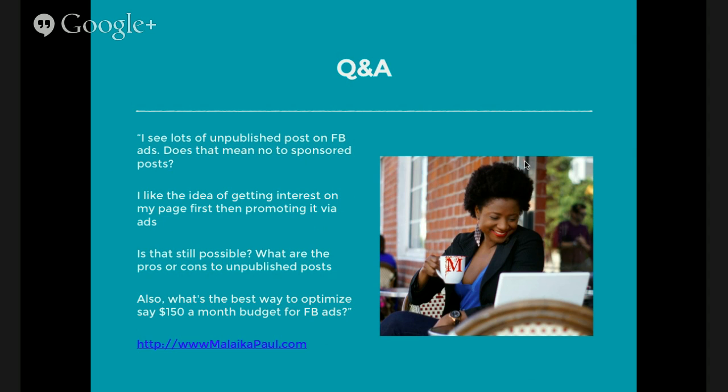You can either grab a post from your Facebook page that you've already posted there and turn it into an ad, or you can create an unpublished post. Some people call them dark posts, so that you're really creating a brand new post, but you never publish it to your Facebook page. That way you're not bombarding your page with the same call to action.